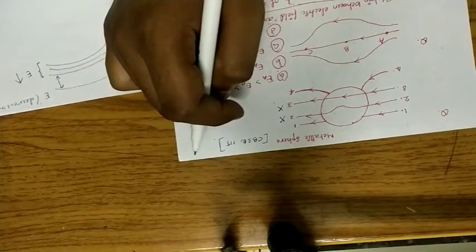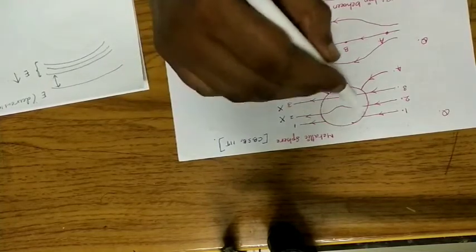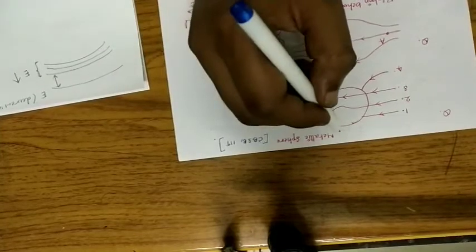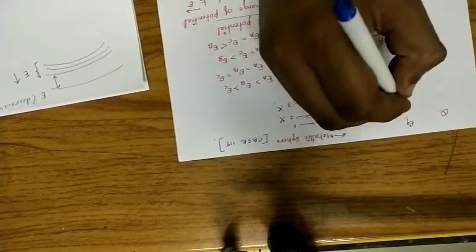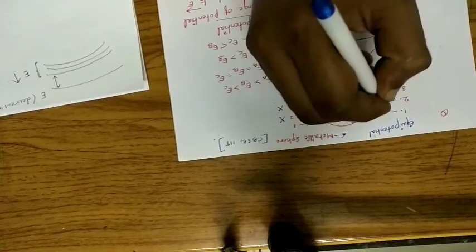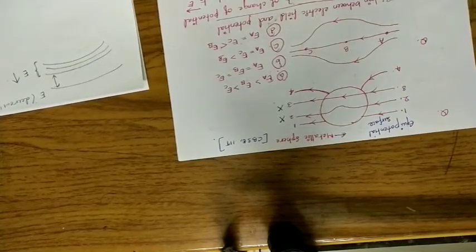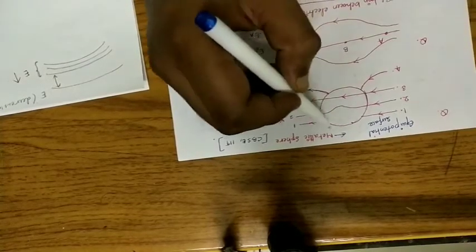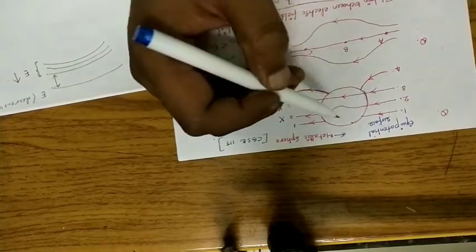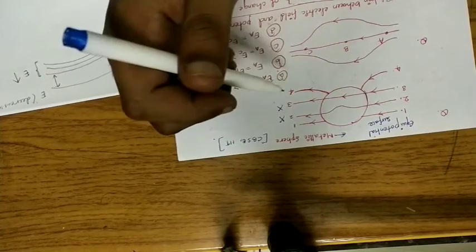One more thing we learned now, that a metallic surface will act as an equipotential surface. Then immediately we know that this particular surface is an equipotential surface. Therefore the field lines need to be normal to it.